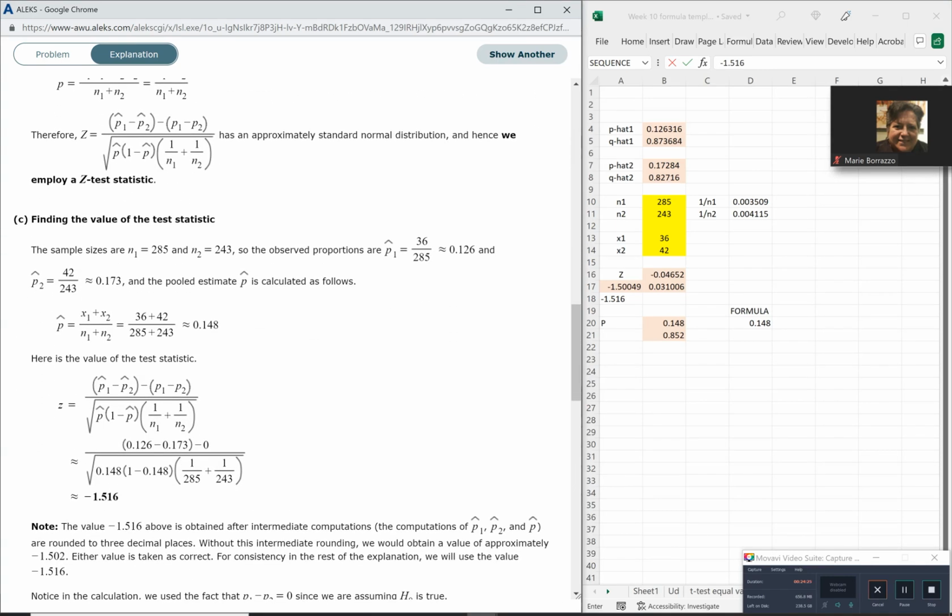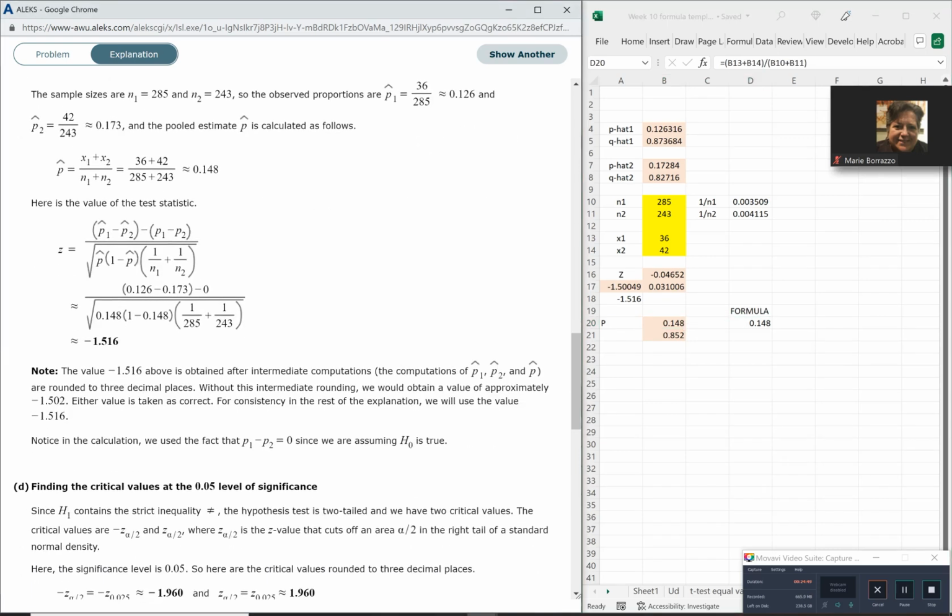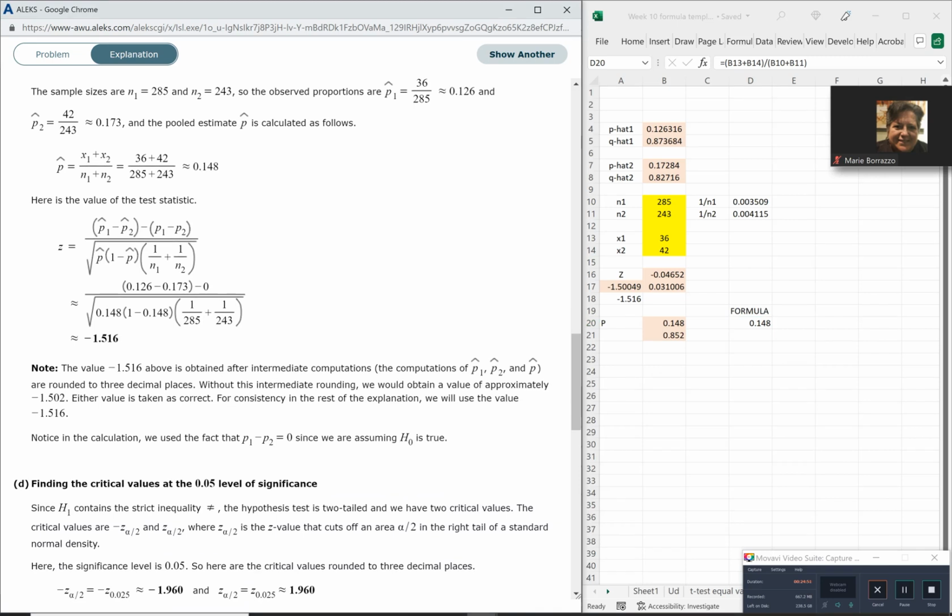It looks like they're carrying out the different computations to about 3 decimal places. Let's see why this is not changing. I could fix that real quick. All right, so yeah, let's see what's going on here.